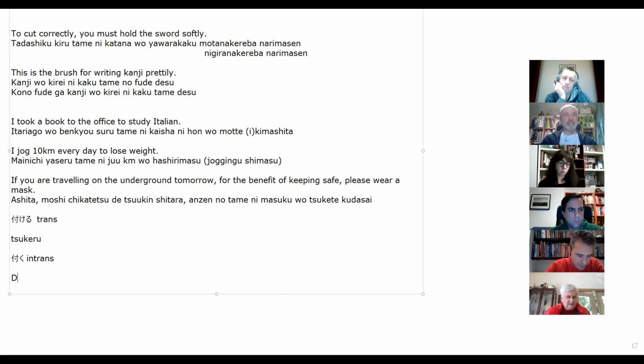We used the word earlier for reception, as in a hotel reception. This is uketsuke. This uke, like to receive, ukeru, and then tsuke. This is tsukeru.